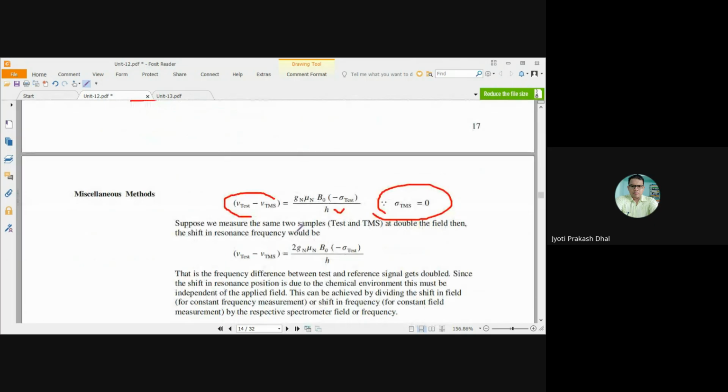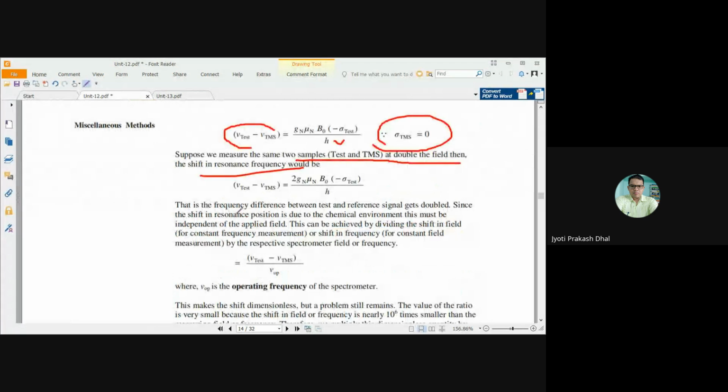Suppose we measure the same two samples, test and TMS, at double the field. Then the shift of the resonance, nu test minus nu TMS, will be 2 into gamma n mu n B naught whole into minus sigma test divided by h. So the frequency difference between the test and reference gets doubled. Since the shift in resonance position is due to the chemical environment, it must be independent of the applied field.